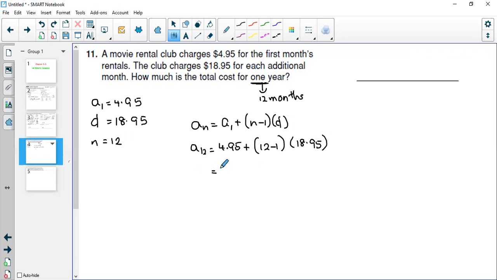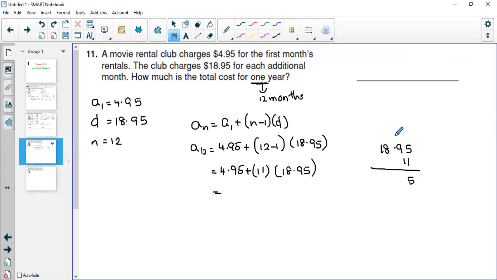Always solve the parentheses first. So this is going to give you an 11 multiplied by 18.95. So 11 multiplied by 18.95 means your answer will be 189.5 because 18.95 you're multiplying by 11.